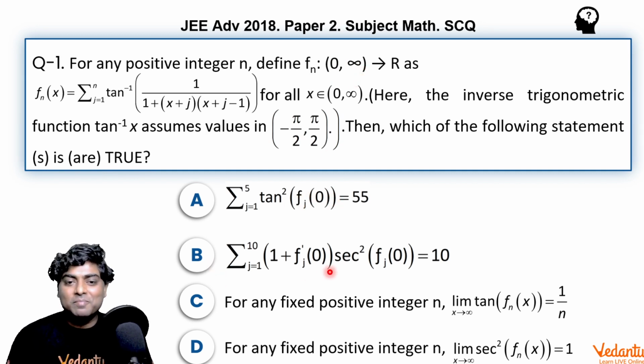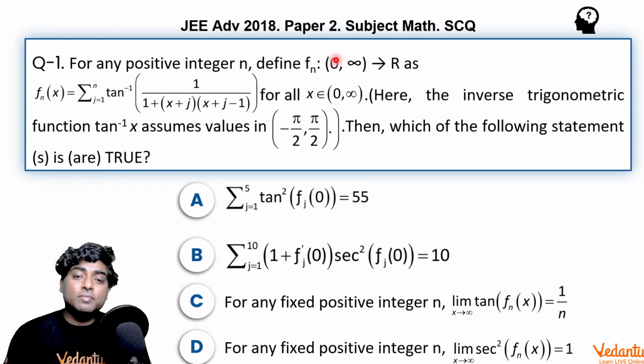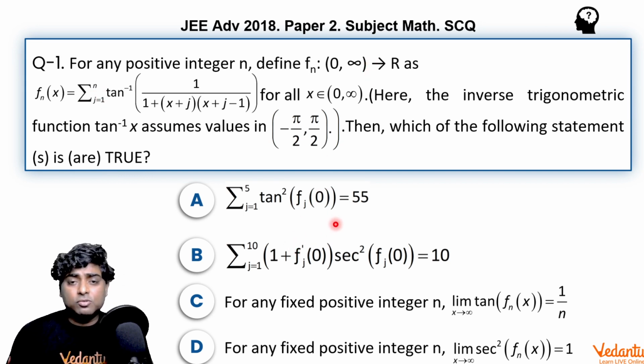In fact, in option B also, they ask about f(0), fj(0), f dash j(0). Maybe they would have been true if 0 had been considered in the domain, if they had closed the domain at 0, then A or B might be correct. Okay, you can find fn x, then we will observe whether any one of these two is correct or not.